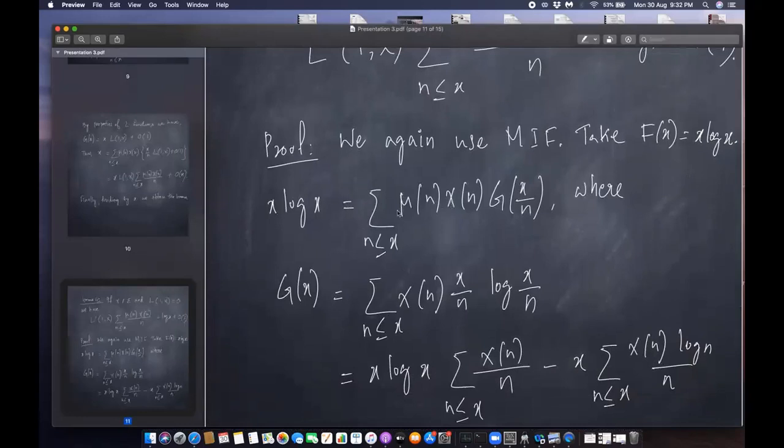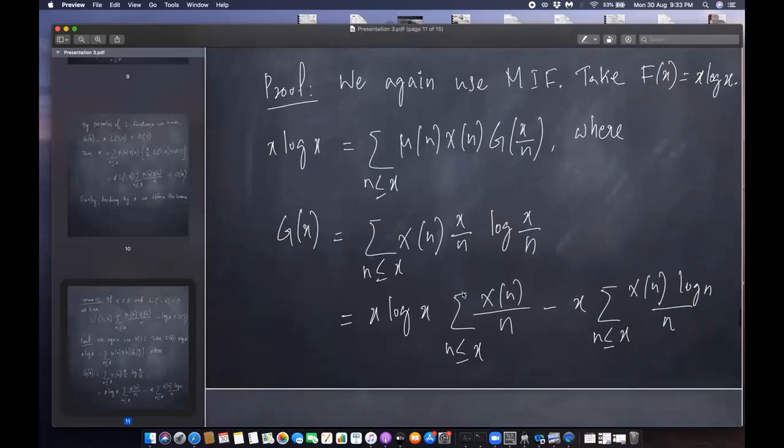So if we have it like this, then g of x can be expressed like this. So here we can take out x log x, and then we can apply the property log of a by b equals log of a minus log of b. So we apply that.